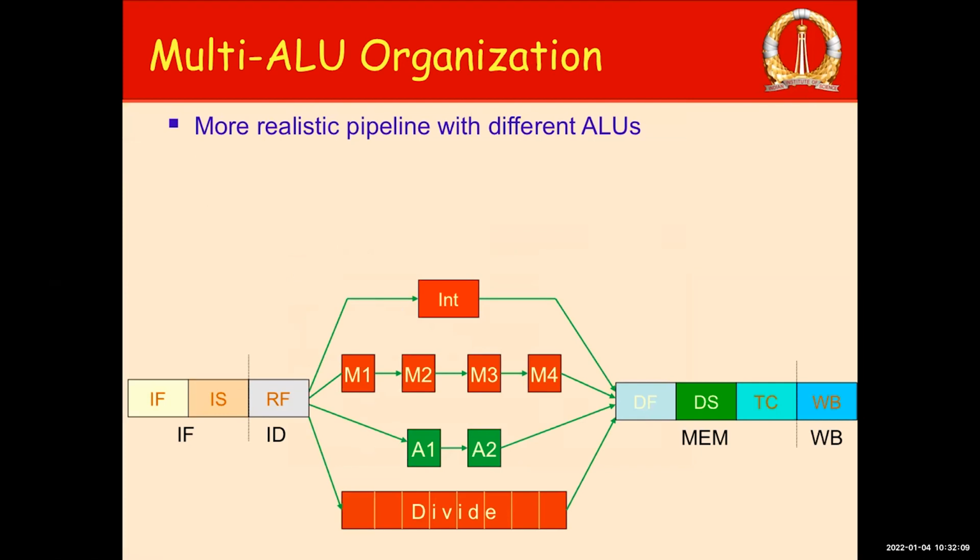It's in fact different functional units, some are single stage, some are multiple stages, some are even non-pipelined, and so on. Similarly, the memory stage is also divided into multiple stages like data fetch phase one, second phase, and then also tag check and so on. Right. So this is how a more realistic pipeline would look.